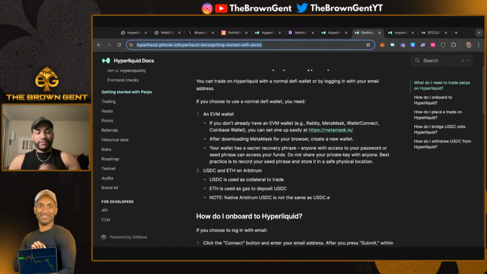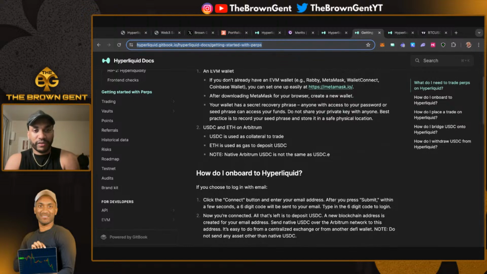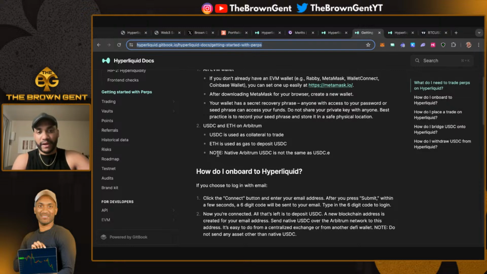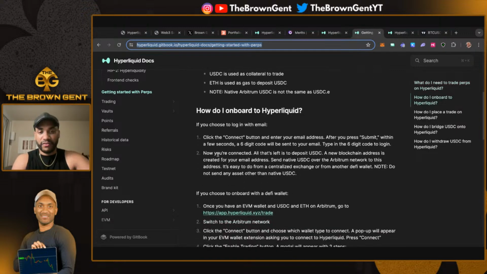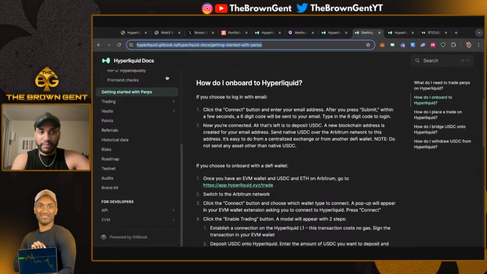And you have to fund your account through the Arbitrum network using either a USDC stablecoin or Ethereum. And once you've done that, just make sure you log in with your email. You'll get a reminder, verify, and then you're good to go. Just follow this document step by step if you're confused. I wish I could show you this, but I've already signed up before. It's very important you know that.